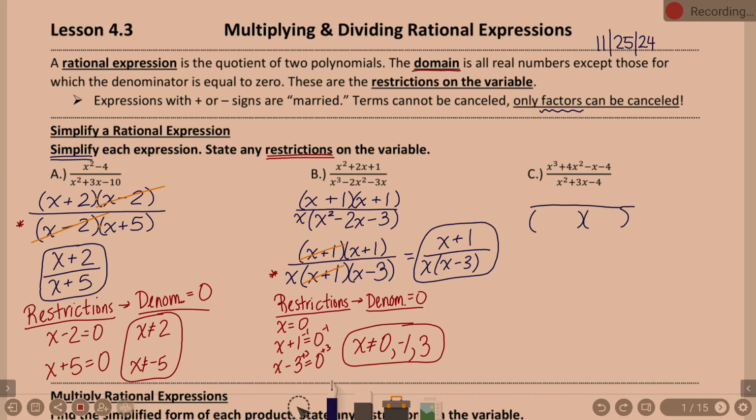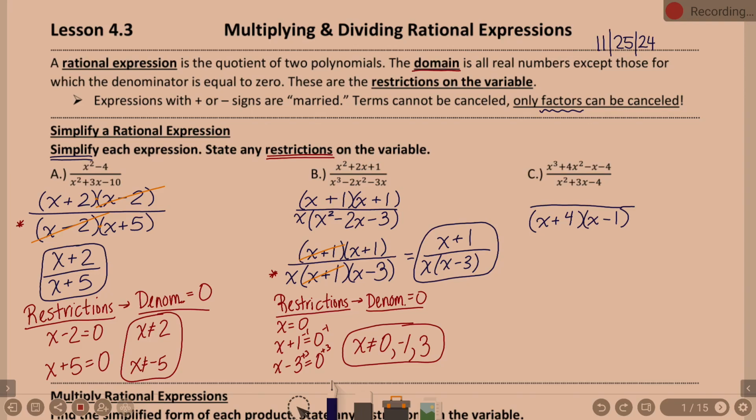X squared tends to break into 2 x's, x times x. 4 and negative 1. In order to multiply to get negative 4 and add to be 3, it's going to be a combo of 4 and 1. Adding to be positive 3 makes it bigger number positive, so positive 4 minus 1. Multiply those back together, or add them back together if you're not sure.